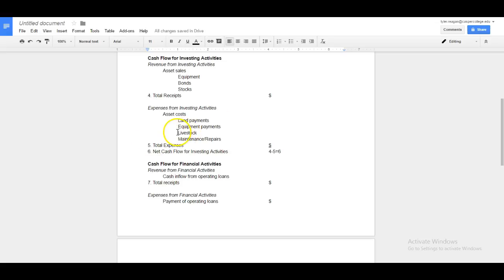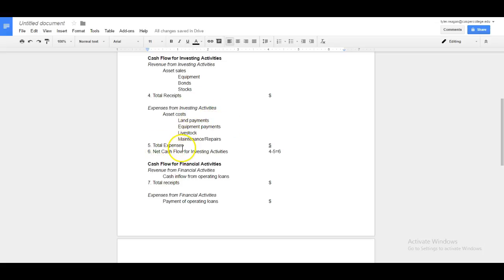If you are a livestock producer going out and buying livestock, like breeding bulls, breeding sows, or breeding ewes, that is an asset to a farm or a ranch. That would be considered an asset cost, something like buying a high quality bull. Maintenance and repairs on equipment is the cost of upkeeping these assets. That is an investment activity.